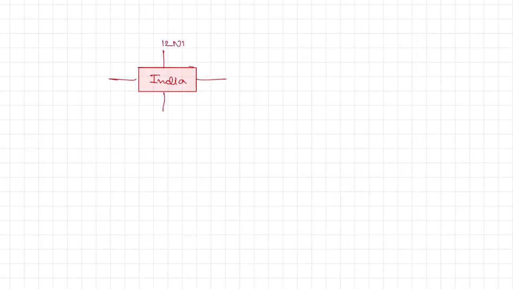Let's try to understand what actually is happening. Suppose this is India. Please don't raise this question, sir, it is a peninsula, how will there be water on all sides? Now, this is the land mass, and after this till 12 nautical miles, we know this is part of India.